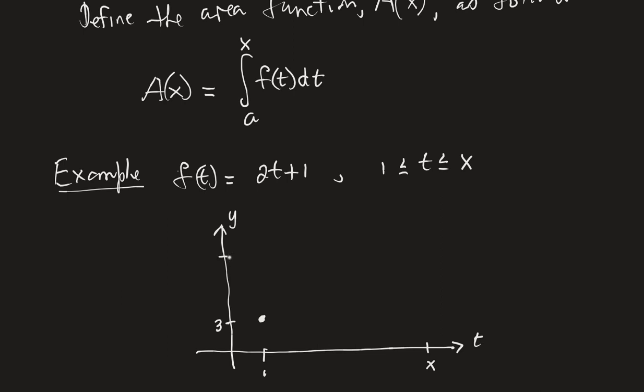I don't know what it is, but I can write down its expression. If I plug x into this function, I'll get an output of 2x plus 1, right? That would be the y value that corresponds to this. So all I'm going to do is make it representative. It has to have a positive slope, so it's going to be here, and then let's just say it continues on that way, right?